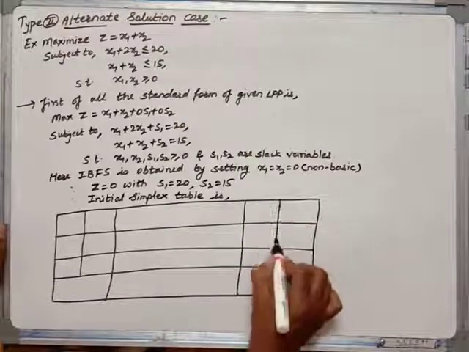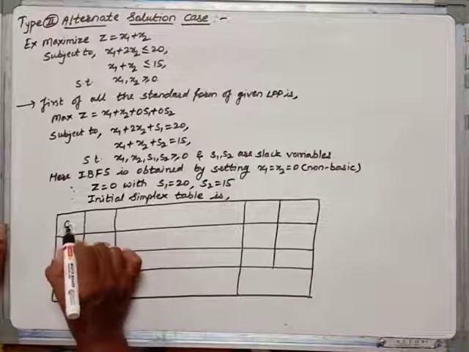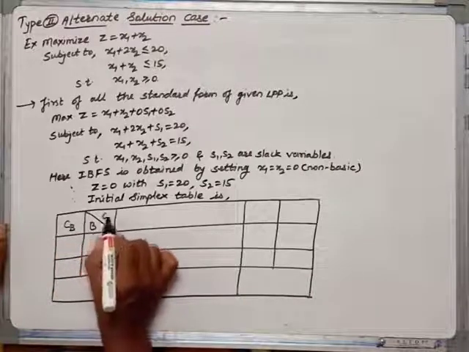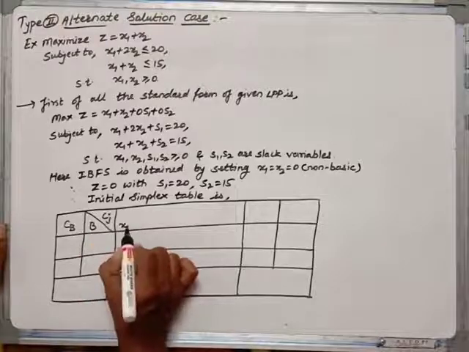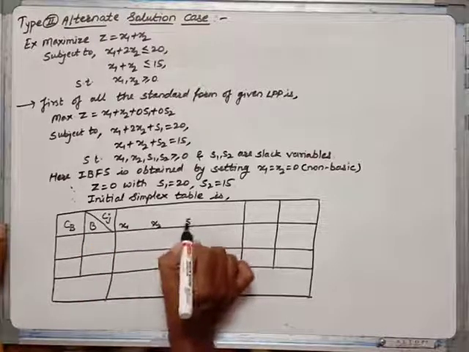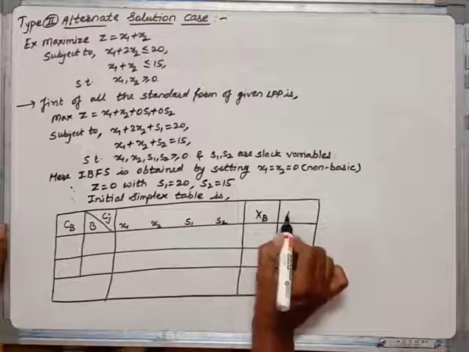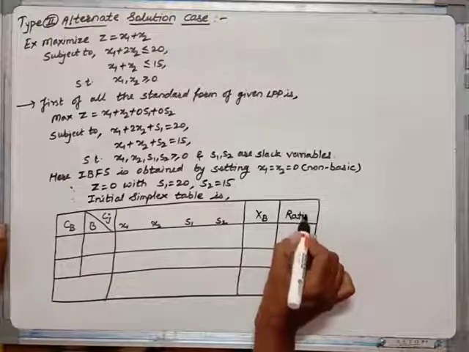So here CB, B, Cj, X1, X2, S1, S2, XB, ratio.